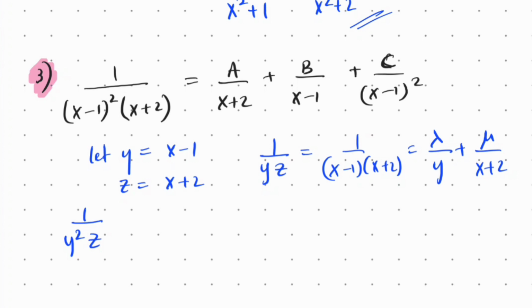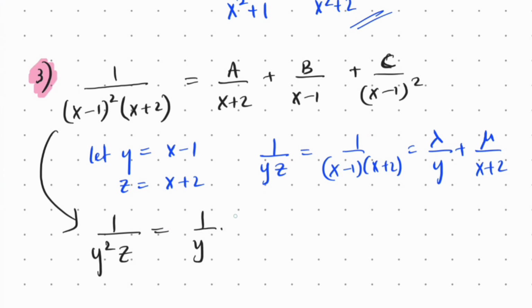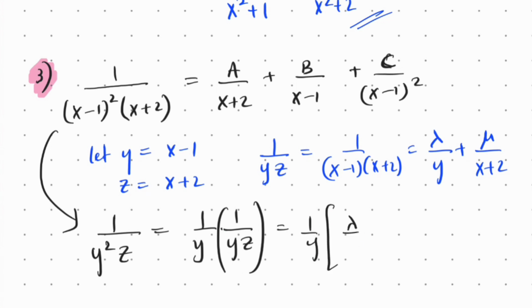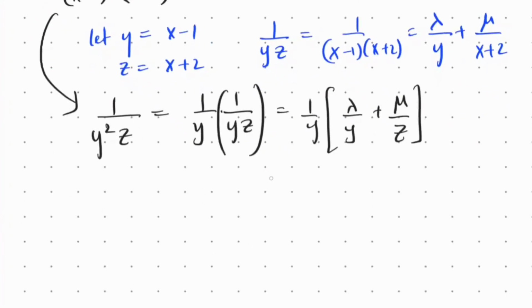Okay, now that's our 1 over yz. Now look at what I'm going to do to the question. So what I have here is y squared z. I'm going to rewrite this as 1 over y times 1 over yz. So now my 1 over yz I know how to write. It's lambda over y plus mu over z. Now simplify.